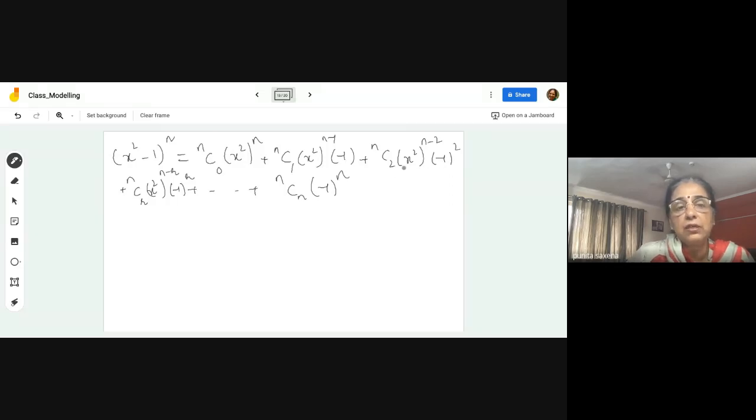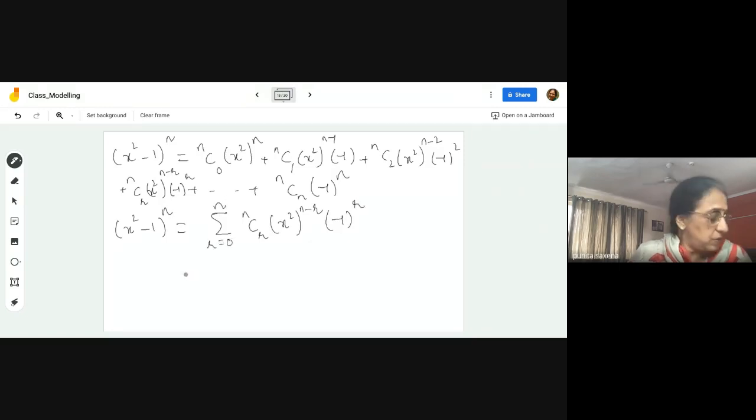ऐसी होगी ना जनरल टर्म बीच में कहीं? Yes, ma'am. That means I can write my x square minus 1 to the power n as summation of terms like nCr x square to the power n minus r, minus 1 to the power r, where r varies from 0 to n. लिख सकते हैं ना?